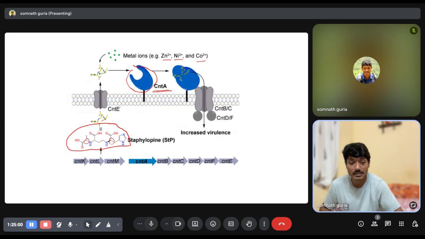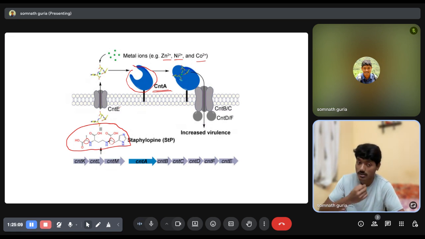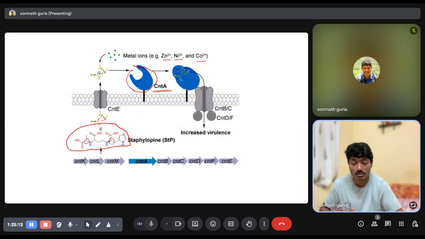In that, some bacteria make their staphylococcus enzyme, which works on a defined amino acid rather than the traditional L amino acids, and then these D amino acids are recognized by their CntA.